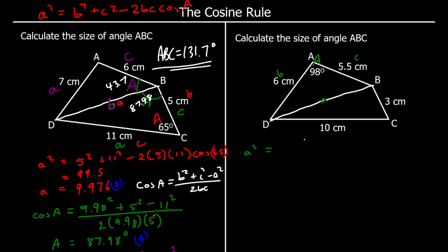A squared equals 6 squared plus 5.5 squared minus 2 times 6 times 5.5 cos 98.